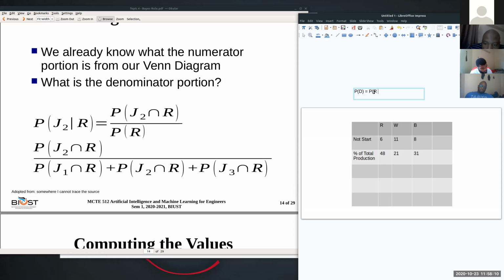Intersection of the red line and defective, plus the probability of the intersection of white and defective, plus the probability of the intersection of blue and being defective.